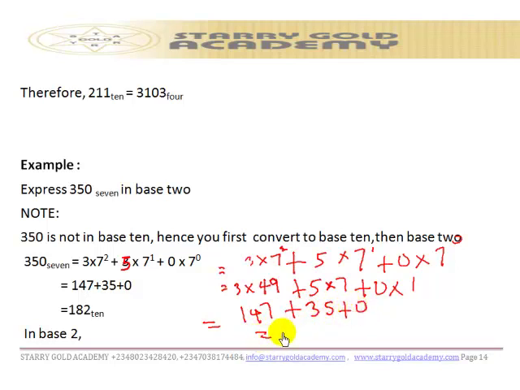So 147 plus 35, you're going to have 182. Now what you have done is that you have converted 350 base 7 to base 10.